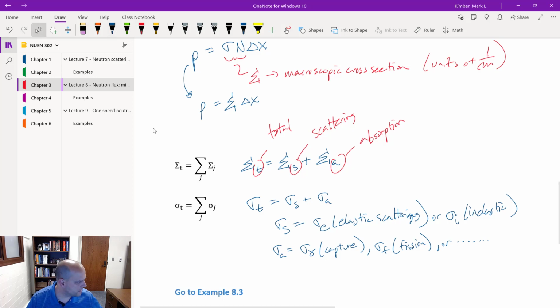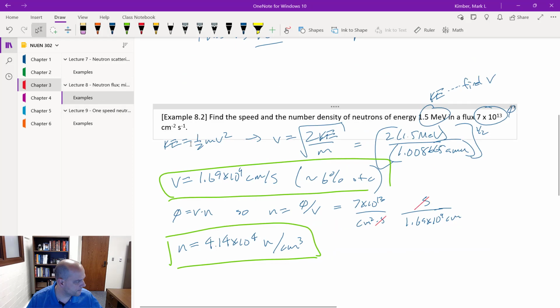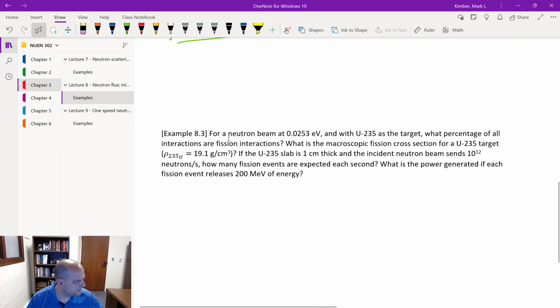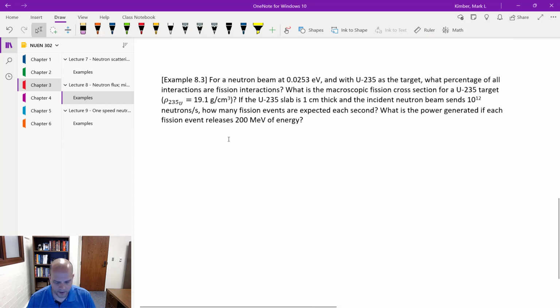So as we go to our third example, we have a neutron beam at 0.0253 eV. We're familiar with what that means now. We have a U-235 target. We want to know what percentage of all the interactions are fission interactions.